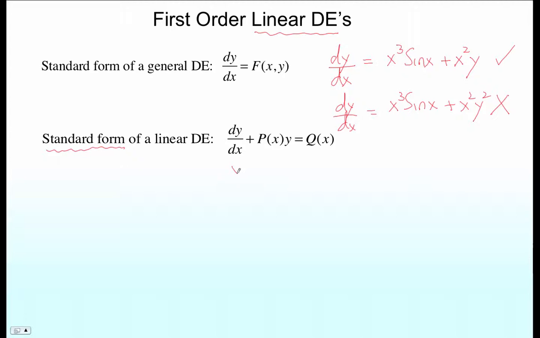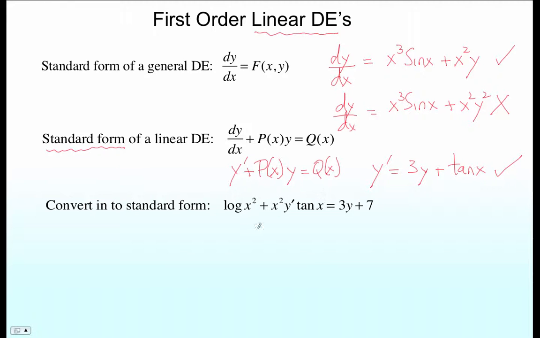Now, you'll also see this written as y prime plus p of x y equals q of x. But that's exactly the same thing. Dy by dx is y prime. So an example would be, let's say, y prime equals 3y plus, let's say, tan x. And that, of course, is a linear differential equation.